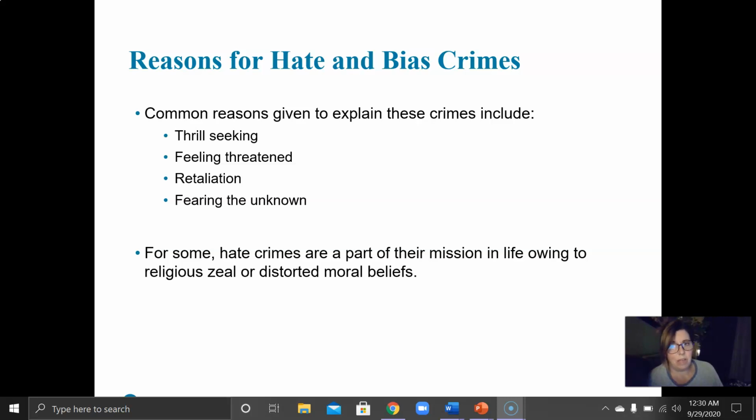And so for some, hate crimes are part of their mission in life, owing to religious zeal or distorted moral beliefs. And we can look back on those sort of like cult behaviors. And people become conditioned to believe that what they are doing is correct by oppressing another human, which I'm hoping all of you viewing this do have a better understanding and knowing that that's never okay.